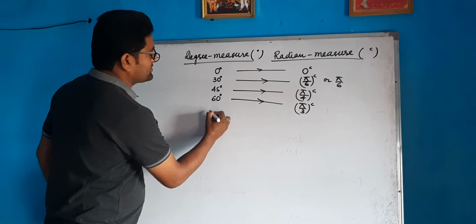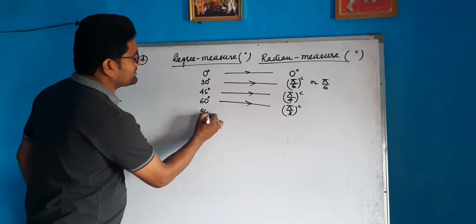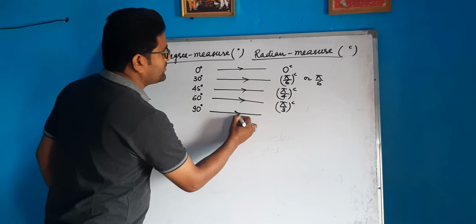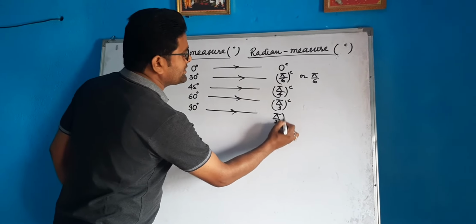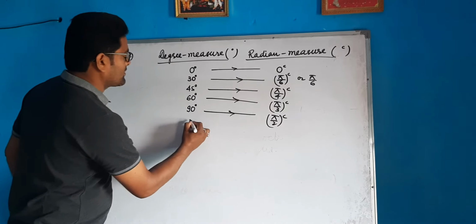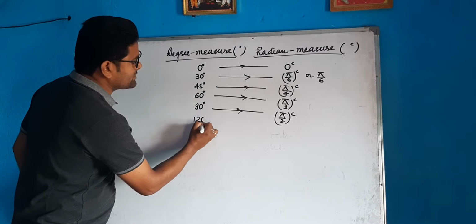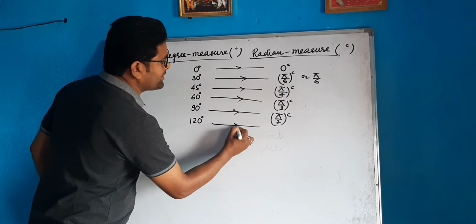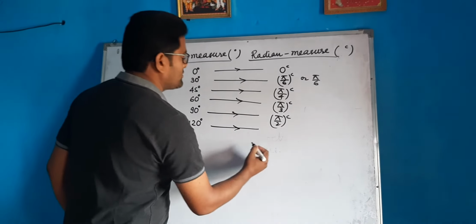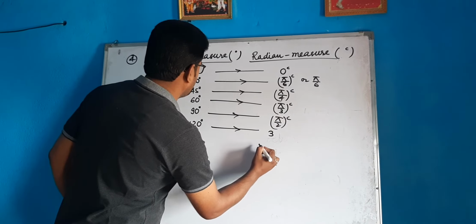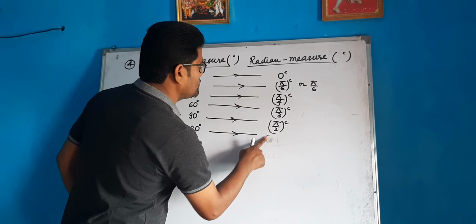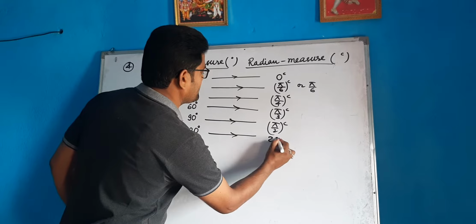So next, if I am writing 90 degrees, how will we represent it? Pi by 2 radians. Next is 120 degrees, what will be in radians? It is 2 pi by 3.